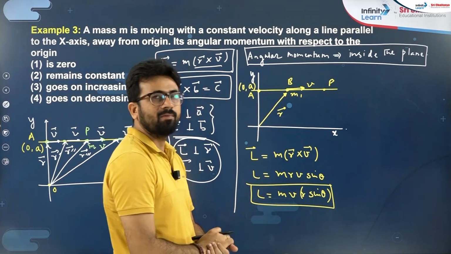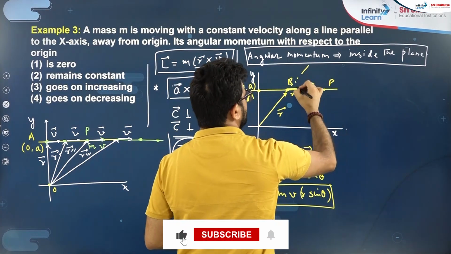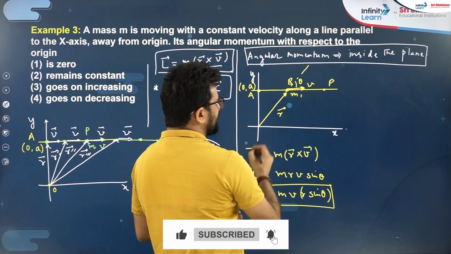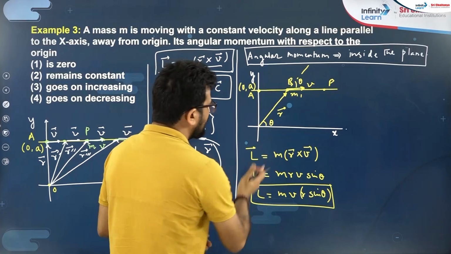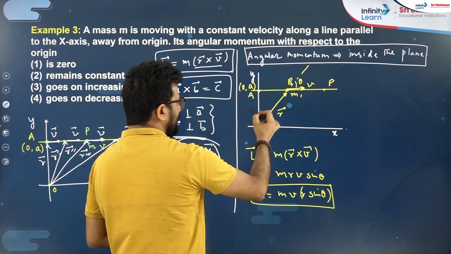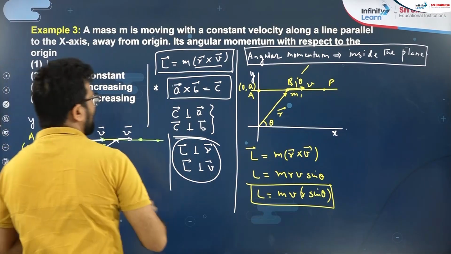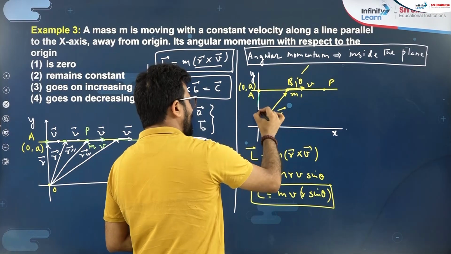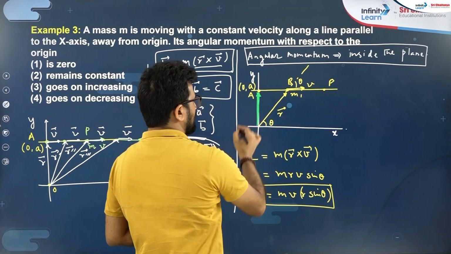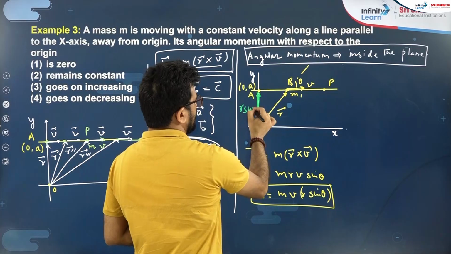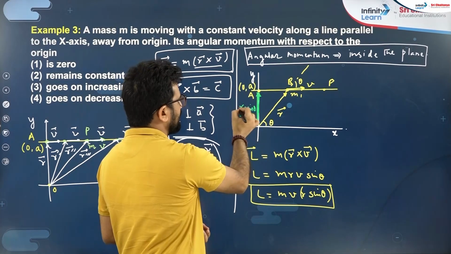R sine theta. What is this theta? Theta is the angle between R and V. If this angle is theta, then definitely this would be theta, and that means R sine theta is nothing else. From here, if you understand this part, you can see very clearly that this line would be R sine theta, and R sine theta is equal to a.